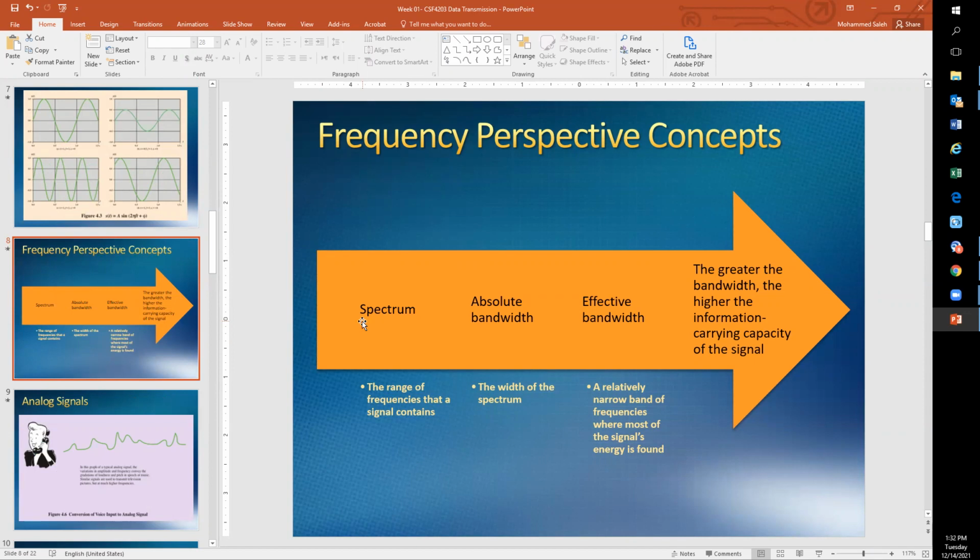However, what is more important for us is the effective bandwidth. It is a relatively narrow band of frequencies where most of the signal's energy is found. This is what we use to transmit data. And by the way, the greater the bandwidth, the higher the information carrying capacity of the signal.